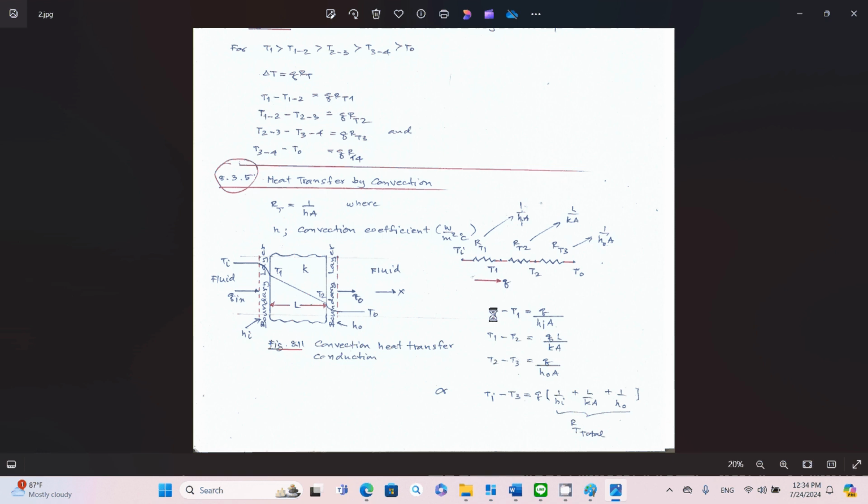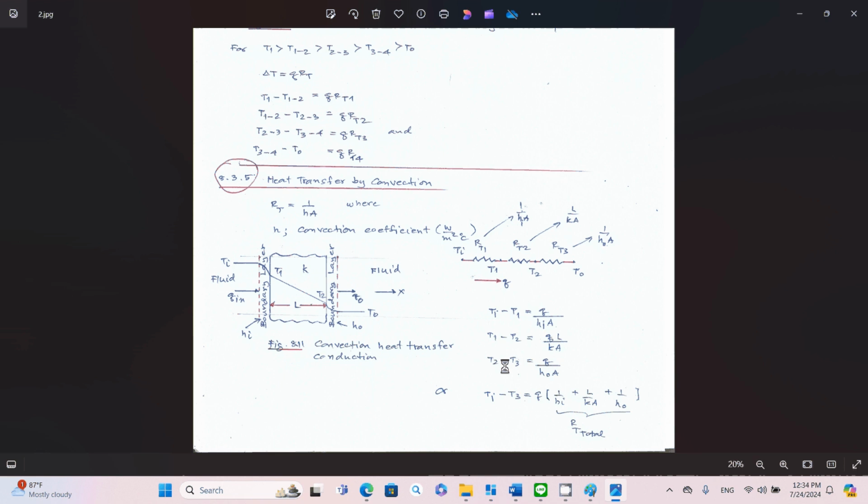We do the same thing. You set up the equation. From the left, you have Ti minus T1. That's the heat transfer by convection. So you put Q over hA instead of L over kA. But for T1 minus T2, that's the temperature difference. This is the heat transfer by conduction. So you put QL over kA.